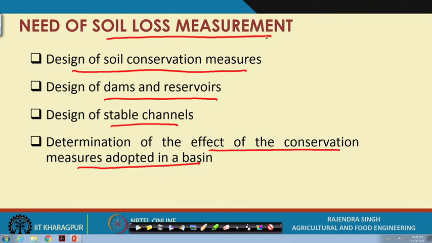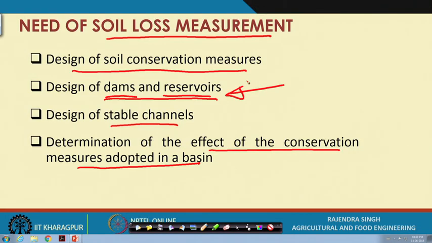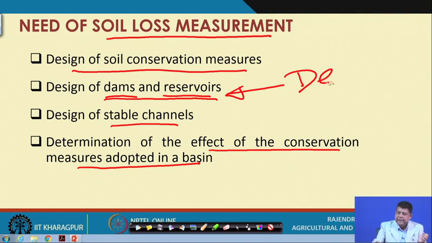Then, as we discussed several times about dams and reservoirs, whatever sediment is detached and transported from a given area finally gets deposited into water bodies, say reservoirs, ponds, channels or rivers. So, obviously, when we design a reservoir, there is something defined as dead storage.